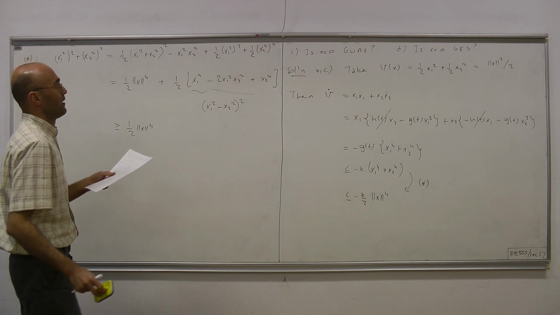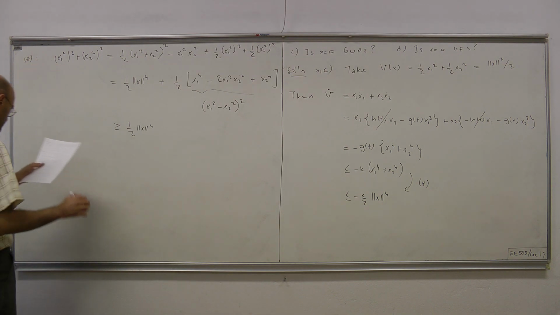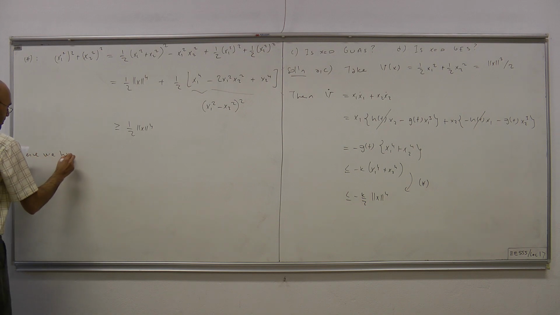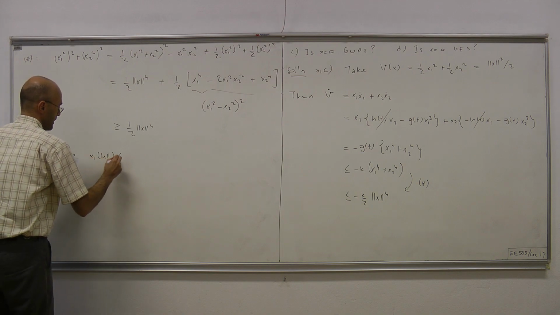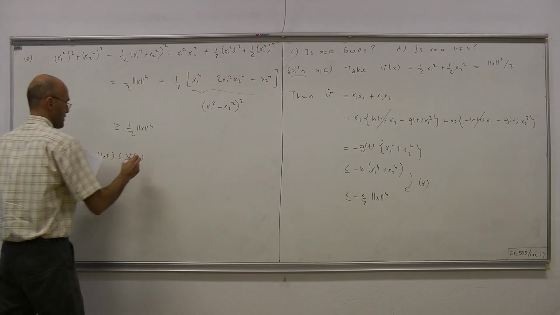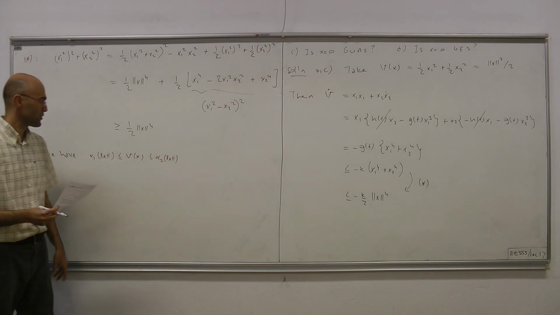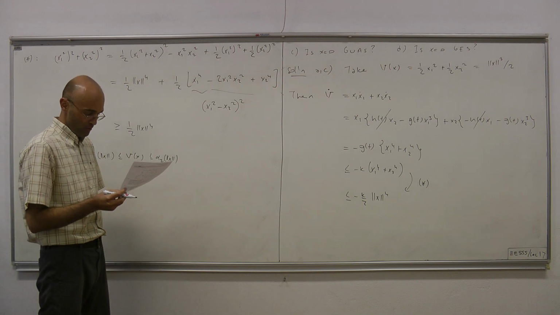So what we have is, therefore, alpha 1 of x less than or equal to mu of x, alpha 2 of x. Okay, so this is the condition, the first condition in our Lyapunov theorem.